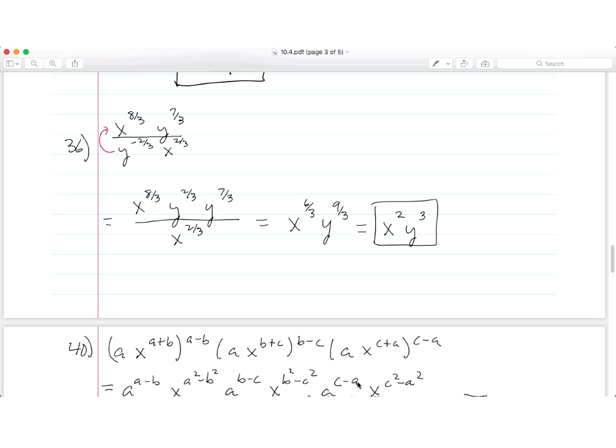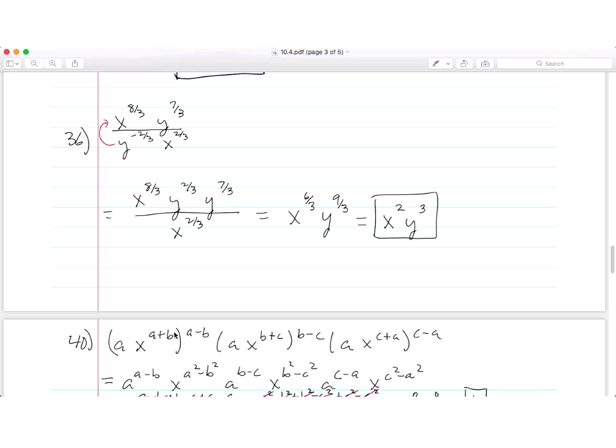So let's raise each of these to the power a minus b. So I have a base x to the power a plus b, to the power a minus b. So let's multiply exponents: a plus b times a minus b.